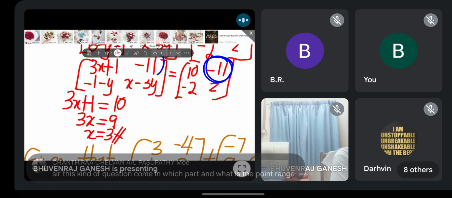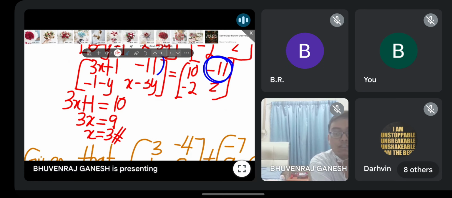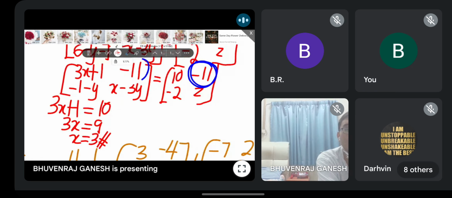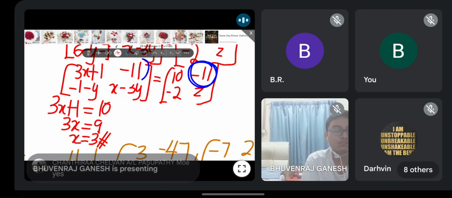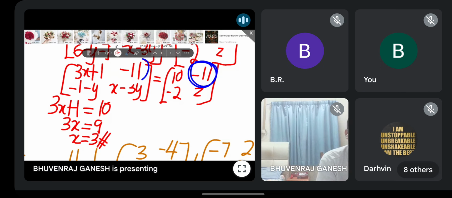Okay, first answer. So this kind of question comes in which part and what is the point range? This one will usually come in Kertas 2. Kertas 1 also can. What is the point range? Oh, you mean the marks, right? The marks will be around three answers, usually maybe 3 marks, I will say.